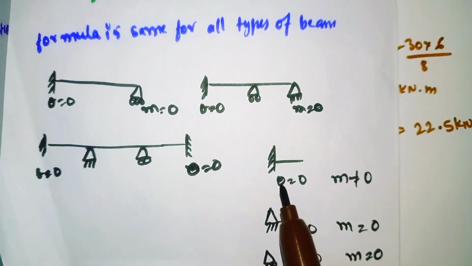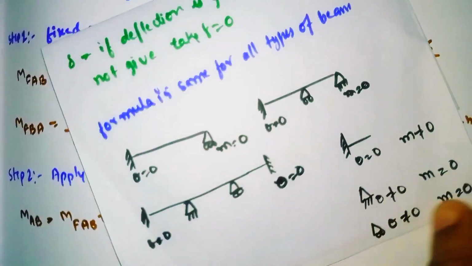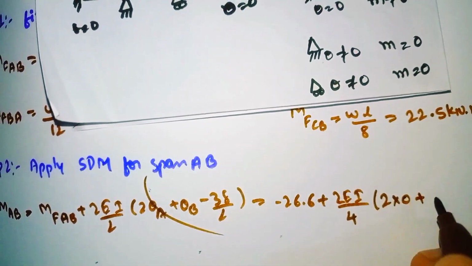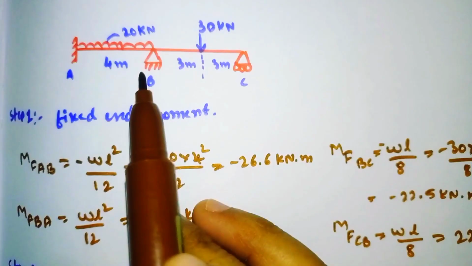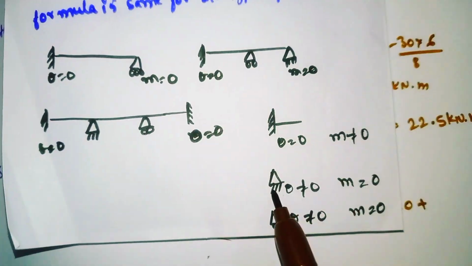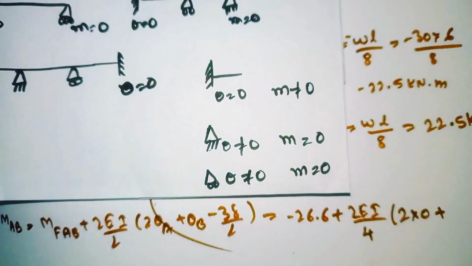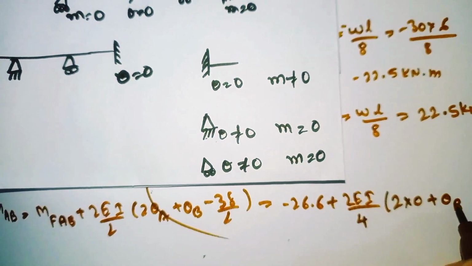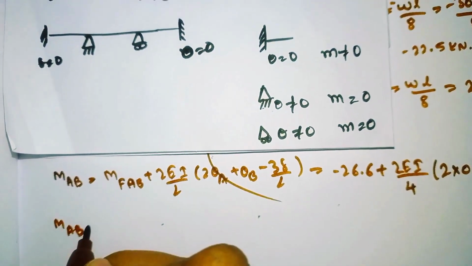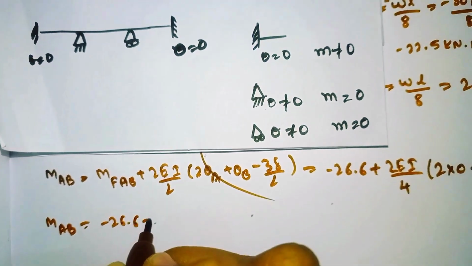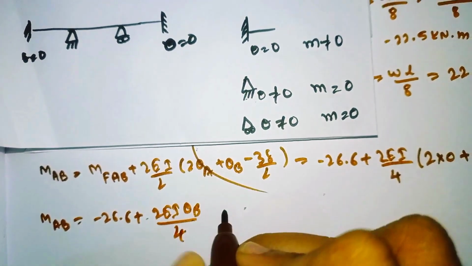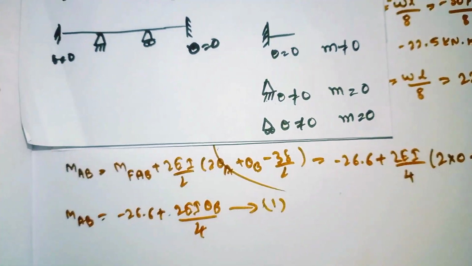So theta A becomes 0 plus theta B; B is the hinged support, which means it has some value. At a hinged support theta value is not equal to 0, so keep it as theta B. Simplifying this, MAB is equal to minus 26.6 plus 2EI theta B divided by 4. Call it equation number 1.